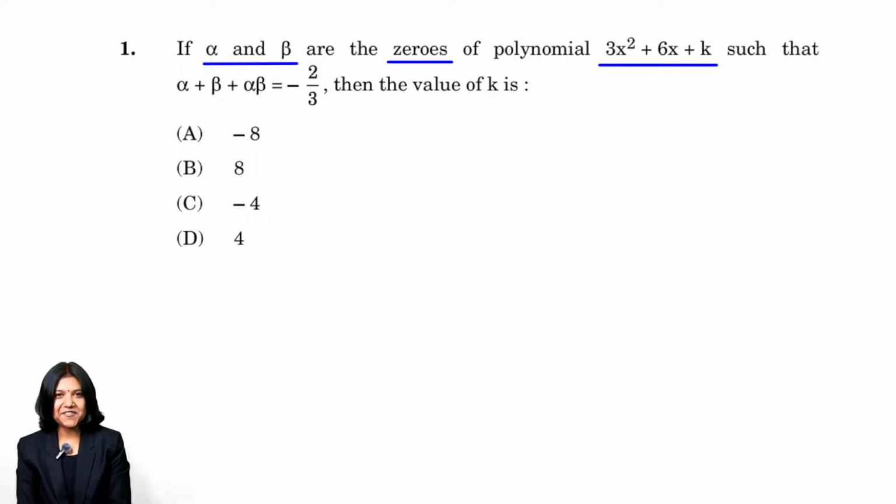So let's get started with the question. As I was saying, any question from polynomials. You have studied polynomials before in class 9. So, in class 10, polynomials are a little different.